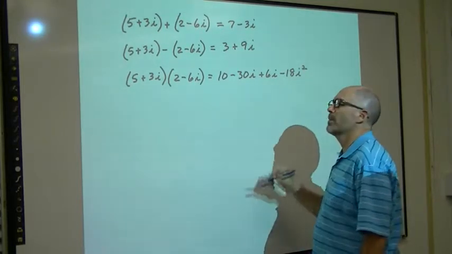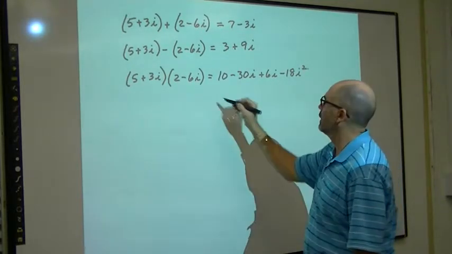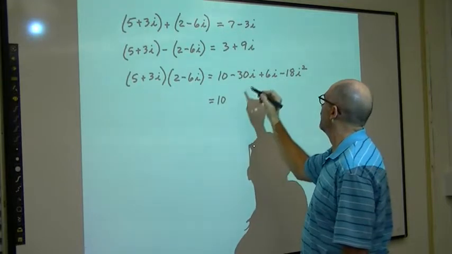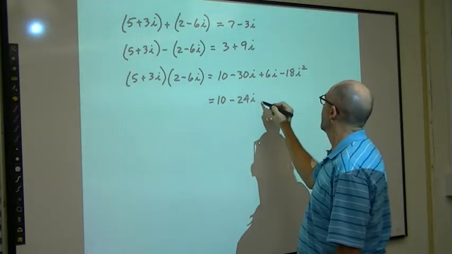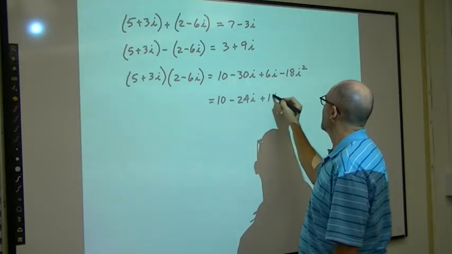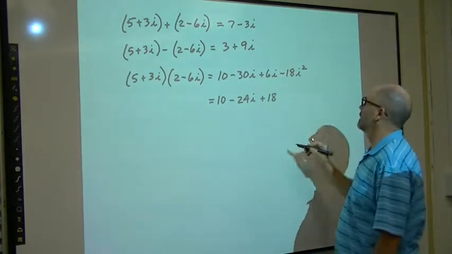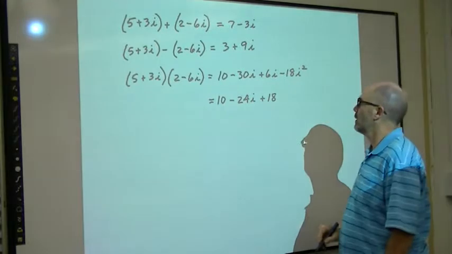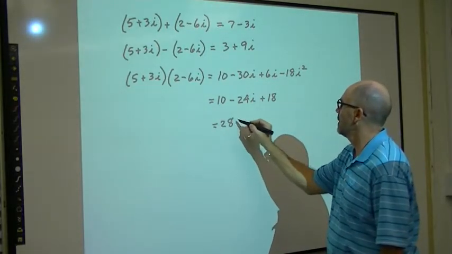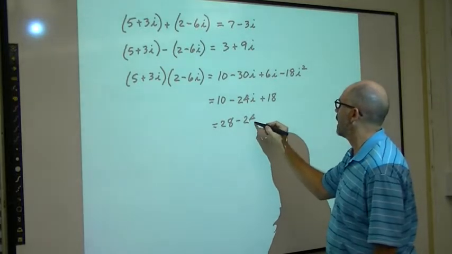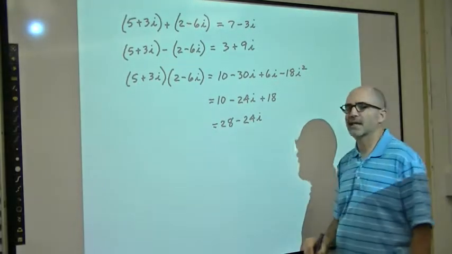Now, you remember that i squared is negative 1, so this is basically 10 minus 24i plus 18, because it's a minus 18 times negative 1. So 10 plus 18 is 28 minus 24i. That's it, game over.